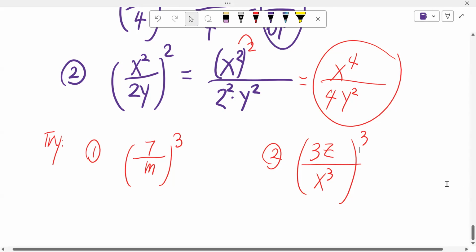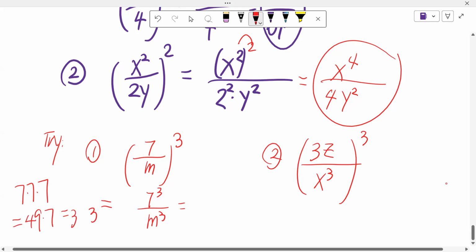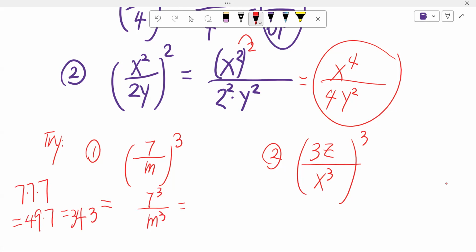Let's go over the solution here. First one, we're going to distribute power 3 to both top and bottom. 7 cubed over 11 cubed. 7 cubed is 7 times 7 times 7. 49 times 7, 343.